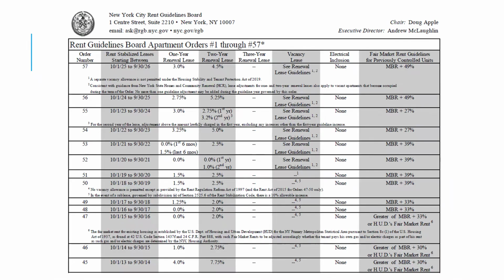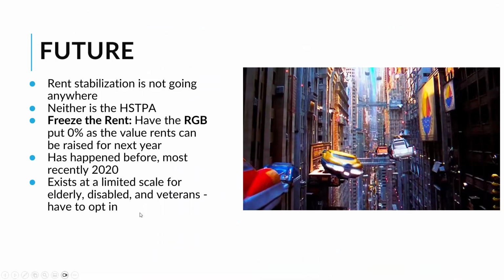I think it's a board of 9 people. He's gonna select his members, and he's gonna try to get these members to vote to essentially put a 0%, a big fat zero, for the 1 year and probably the 2 year renewal lease as well. So that's basically what it means when he says freeze the rent.